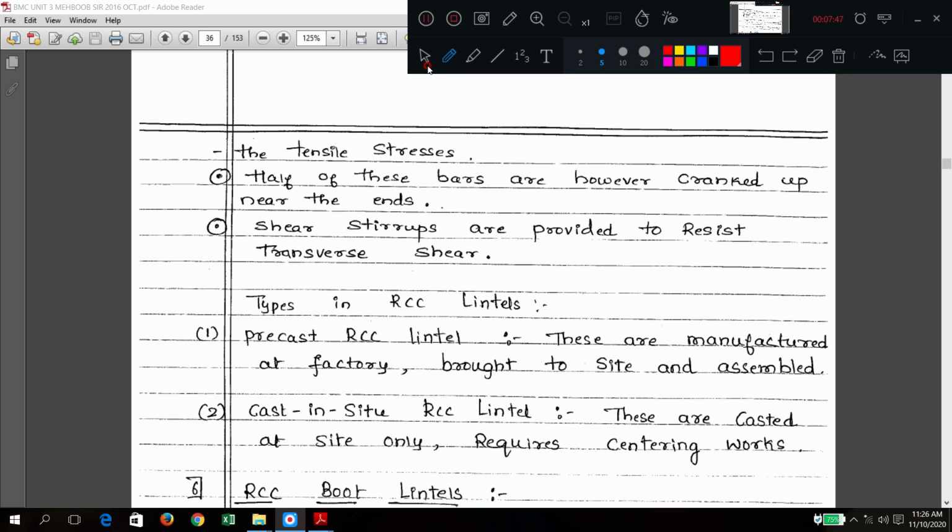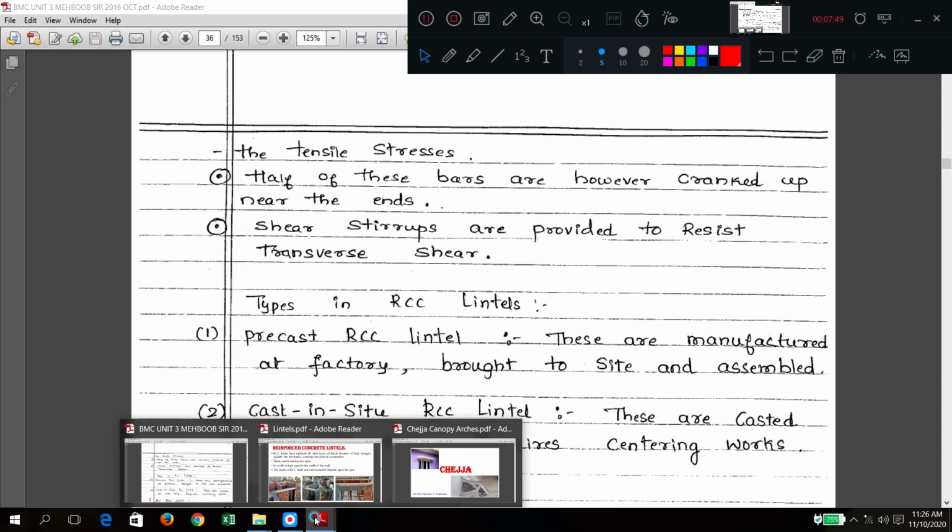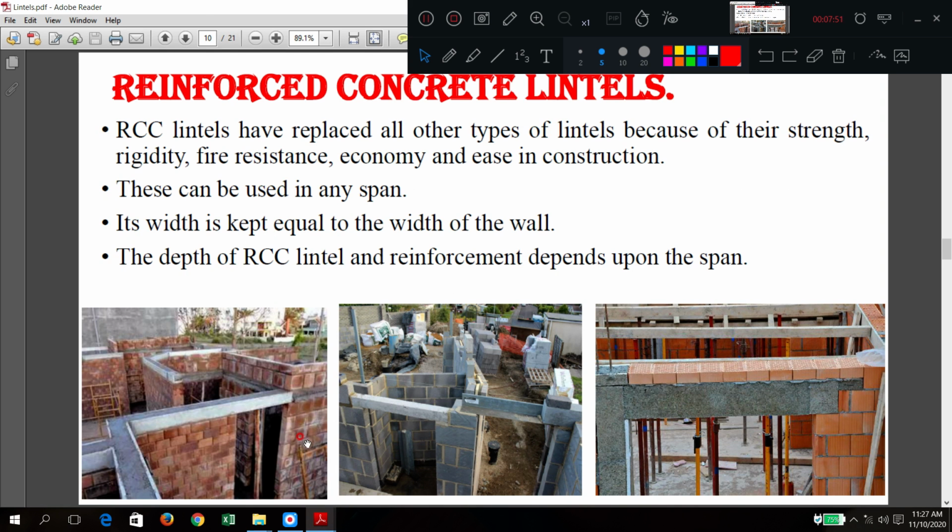With this photograph we have just seen, can you tell what type of RCC lintel this is? Whether it is precast or cast in situ. This picture is purely cast in situ, because concrete everything is prepared inside. They have cast it in position.